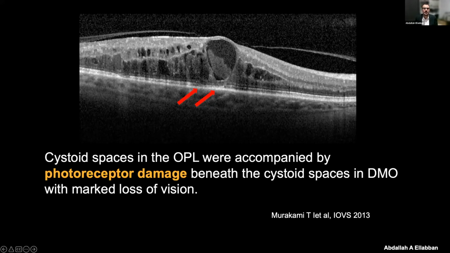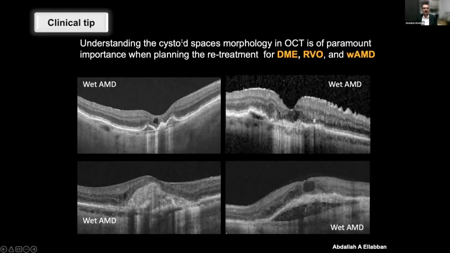because when we think of the retina, we need to look at the structure of the retina layer by layer, starting from the outer retina, inner retina, all as a whole pathway or a whole track. And this applies not only for diabetic macular edema, but also for retinal vein occlusion and age-related macular degeneration, because sometimes these cysts can be what we call structural cysts.